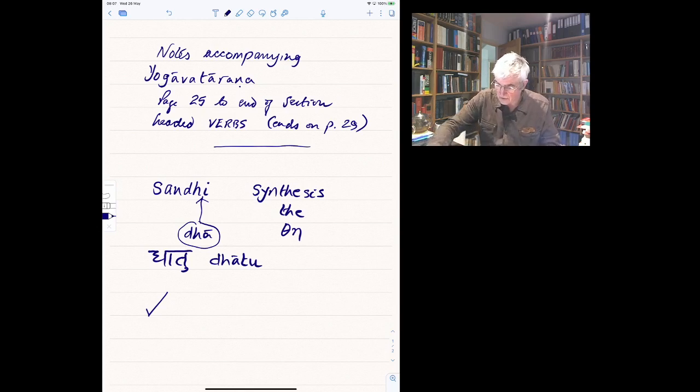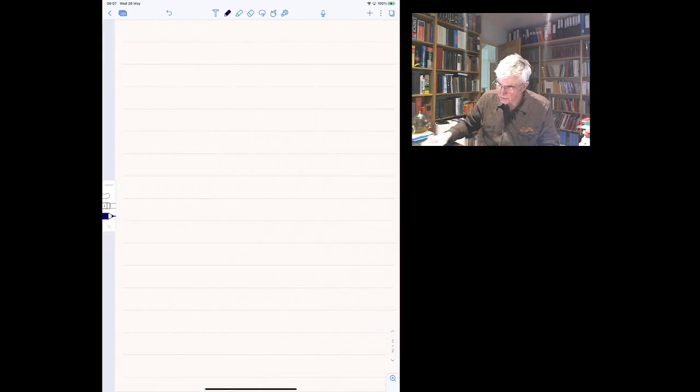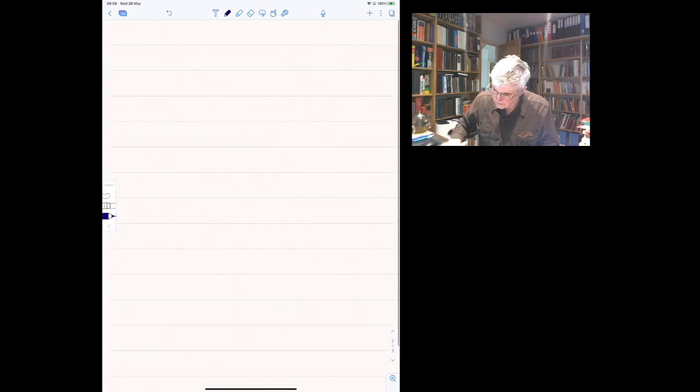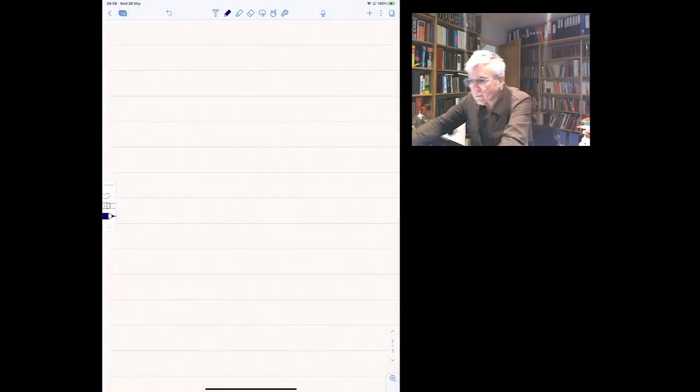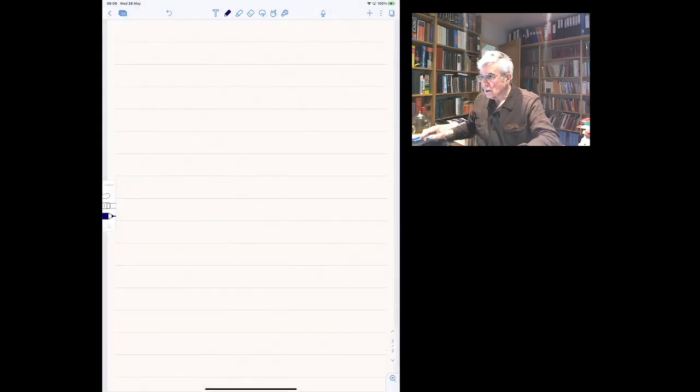yoga. Let's go to the next page for you. The word you see here, I apologize if this gets a bit clunky. I'm still just trying to master the new technology of screen mirroring and screen sharing and so on.